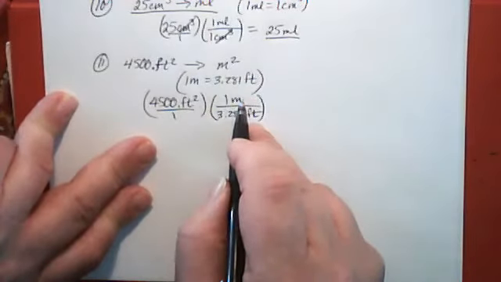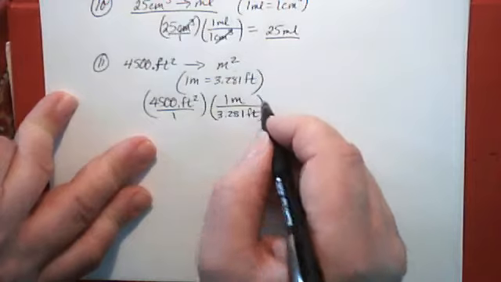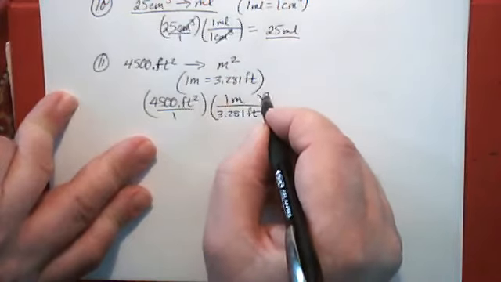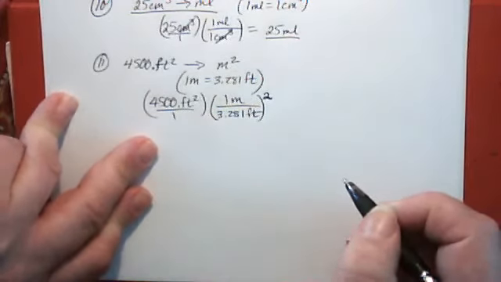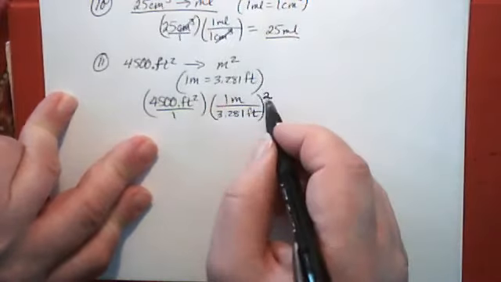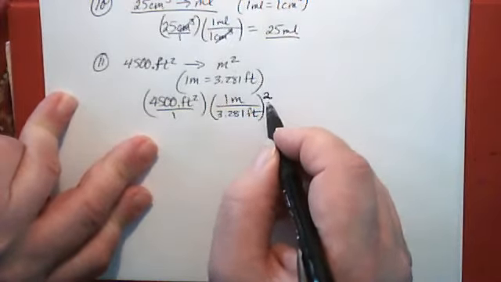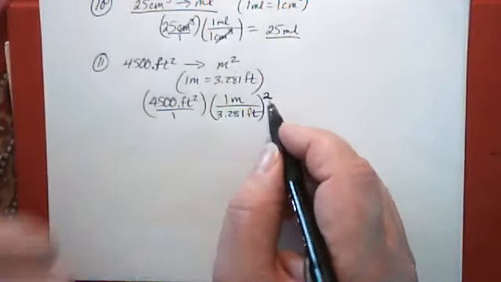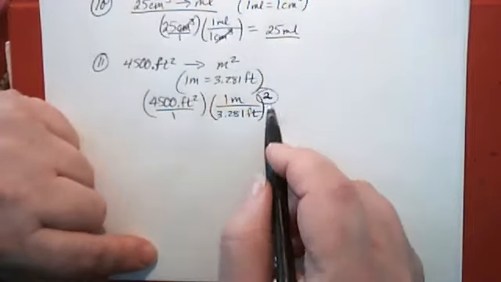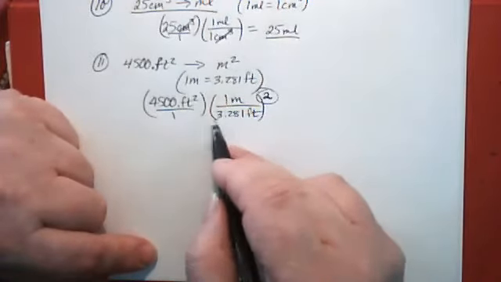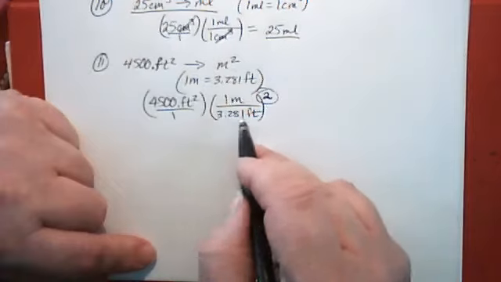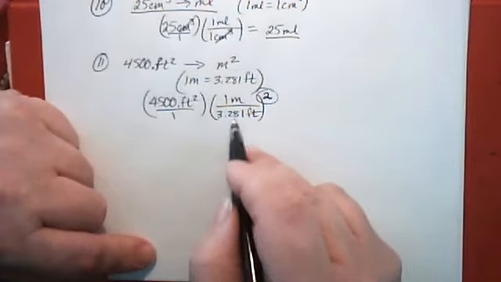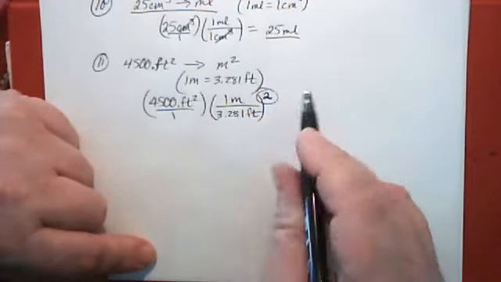So you're going to have to square the units, but you're also going to have to square the numbers. The easiest way to convey that is to put the exponent, or power 2, outside the parentheses. Now that 2 applies to everything inside the parentheses. The only catch is you have to remember that it applies to the number also.